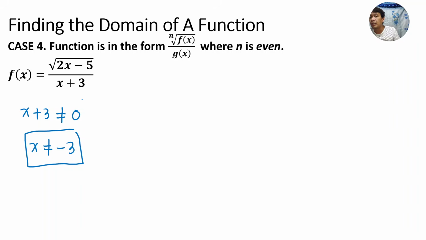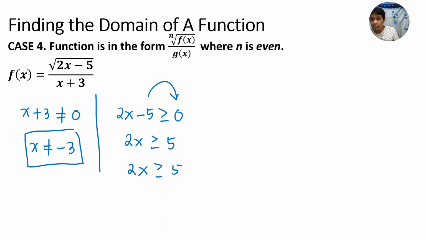But, since meron tayong numerator na square root of 2x minus 5, that should be kept greater than equal to 0. So, ibig sabihin, lahat ng hindi pwede dito, tatanggalin din natin dito. So, 2x minus 5 is greater than or equal sa 0. Then, solving that inequality, tatranspose lang natin yung negative 5 on the right side. So, magiging 2x is greater than equal to 5.